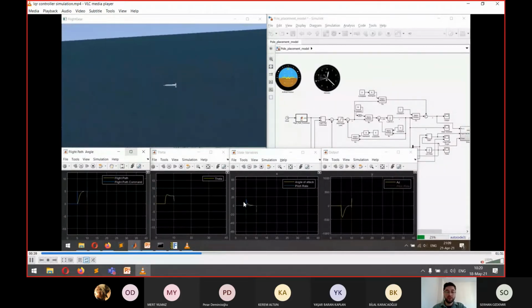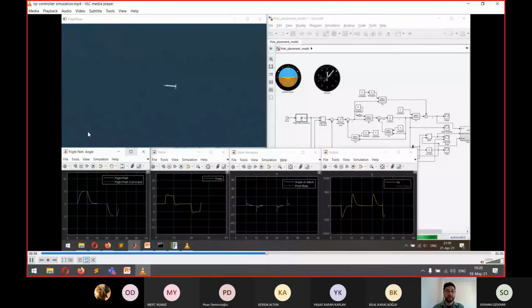As I told you, the output becomes less quick, less sharp, because I penalize the effort. Now it's descending and returns to initial flight altitude. That's all for the LQR controller.